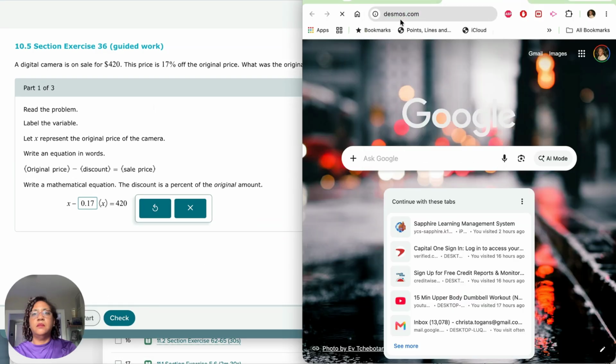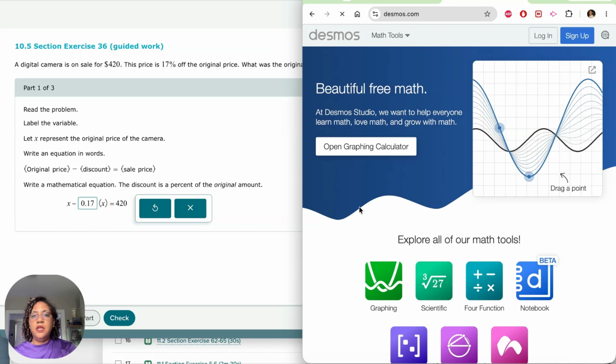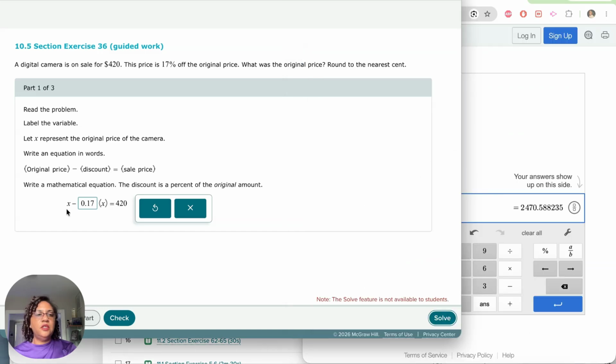divide. I'll use the scientific calculator. Okay, so the original price minus the original price times that 0.17, and then it's equal to 420. So you would get 1 minus 0.17, right?